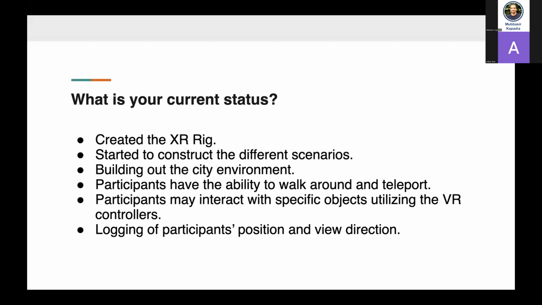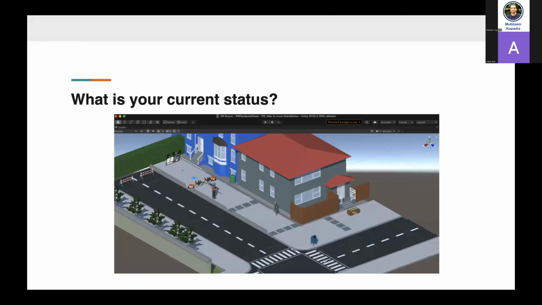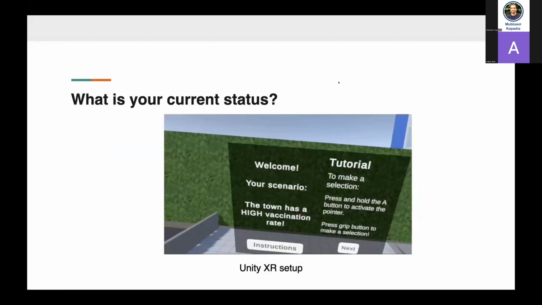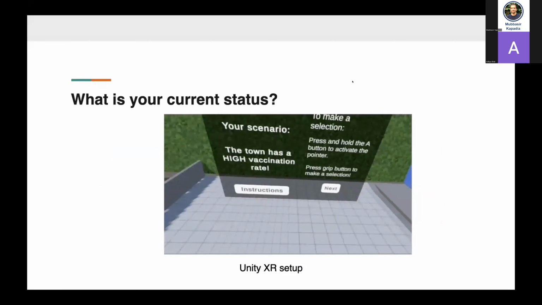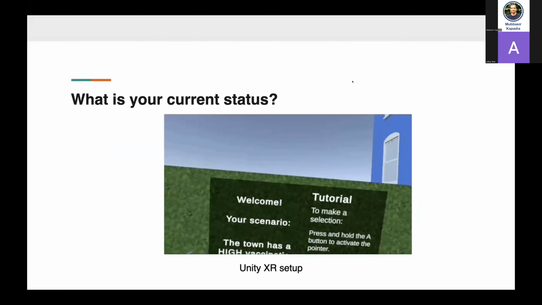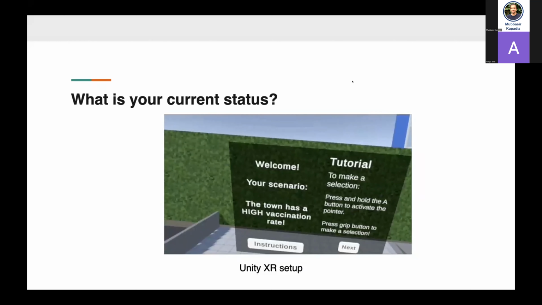One other thing is that I'm also working with my mentor to come up with what the actual scenarios will be. So I have a basic layout just to test all the different options so we can quickly iterate through them. I've also set it up in XR. This is just the basic XR setup at the beginning with the controllers and so on.